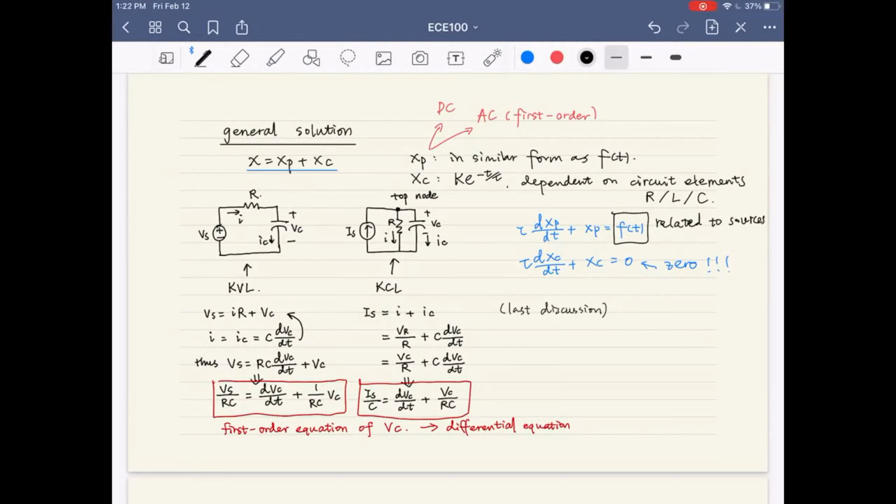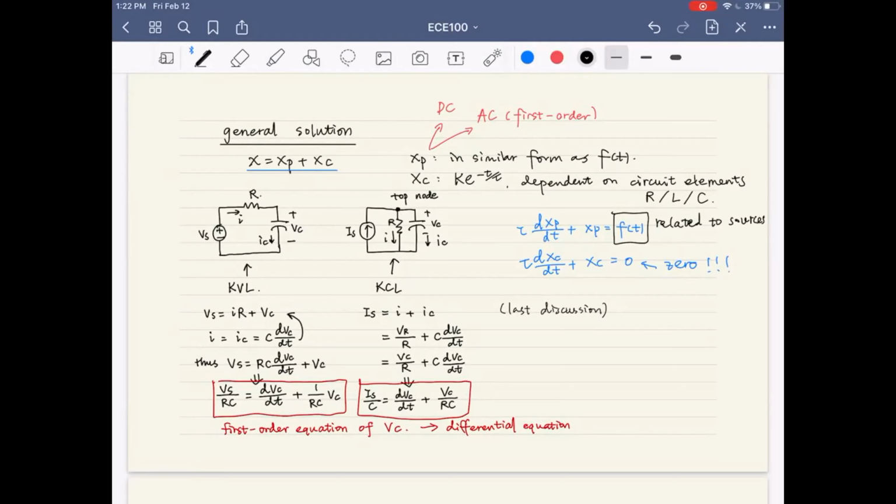And if the source is in sine format, the XP will also copy its behavior and also be in the format of sine or cosine. So it is a good way to verify your answers. If your XP is not in the same format as a source, you're wrong, and you maybe recalculate it again.